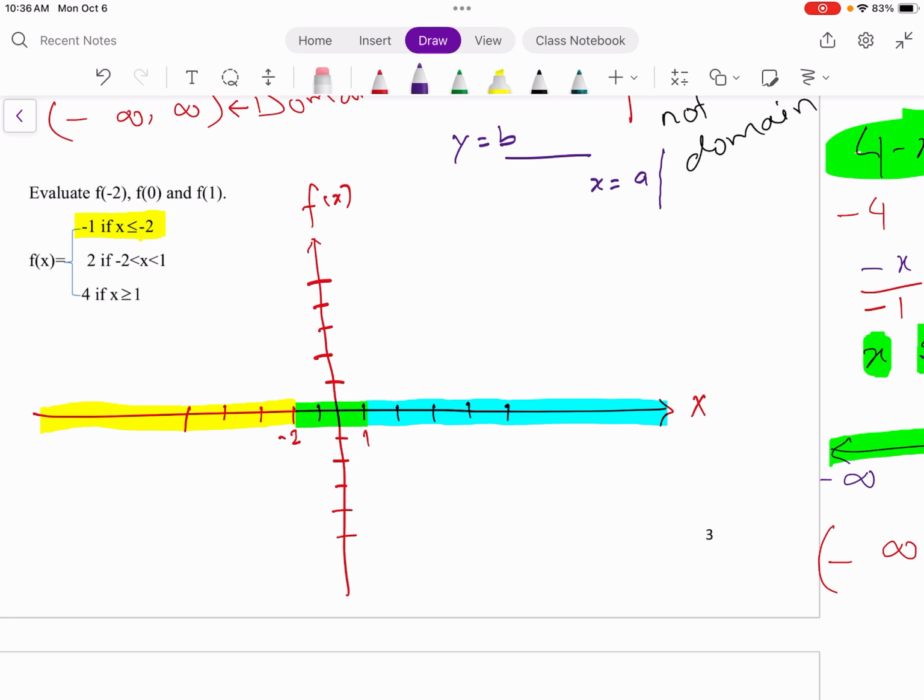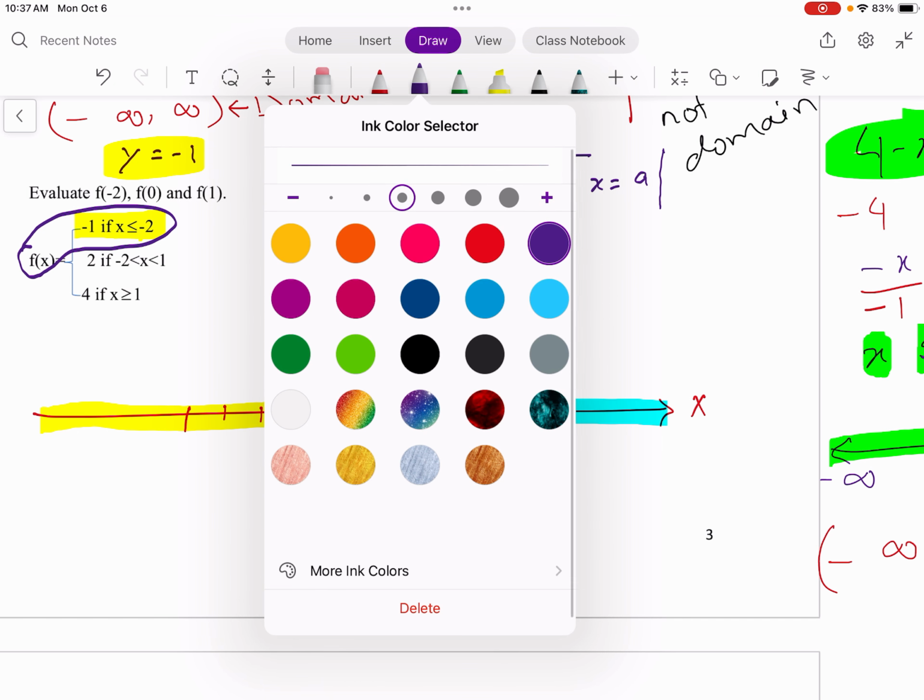Okay, in our case, we are just taking this part here. If you replace your f of x by y, we have y equals -1. So we draw a horizontal line at -1, in the yellow region. You do not draw on the green and blue regions. So let's draw a horizontal line in the yellow region at -1.